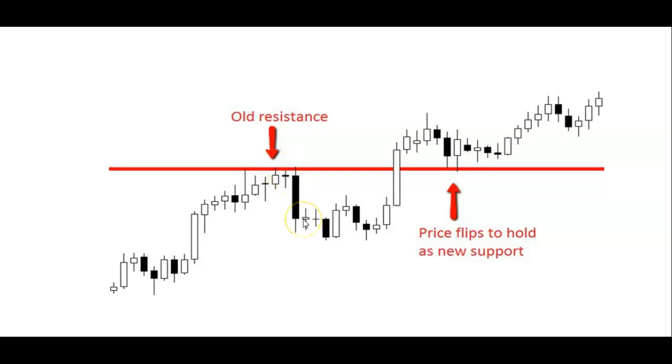After this, it bought again into that zone, but this time the zone couldn't hold it, so it broke it. It bought for a bit, then it dropped again into that zone. Now it couldn't break this zone because there's a rejection here, and from this zone again, it went into a buy. So here, this zone flipped from being resistance to support. I hope this is clear.